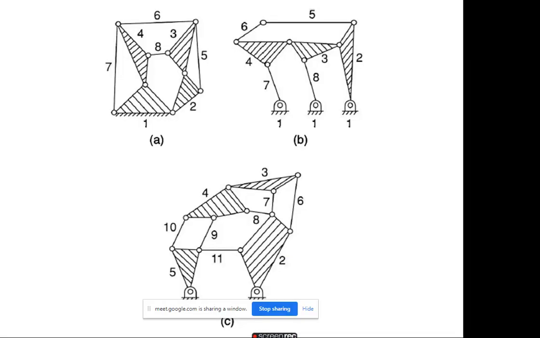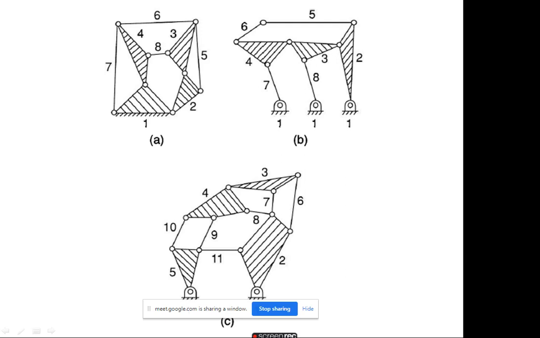Okay, so let us discuss this. Here in the first figure A, you can see the number of links is already labeled. So this is nothing but 8 links, right? How many joints are there? Here the joints are 1, 2, 3, 4, 5, 6, 7, 8 and 9 joints.